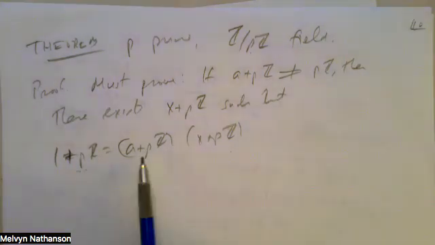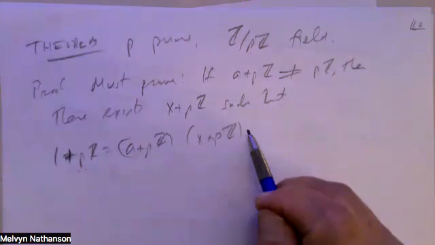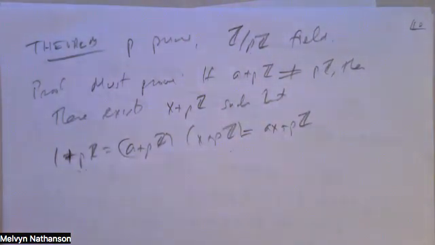Right? If I multiply A plus PZ and X plus PZ, this is the congruence class AX plus PZ.